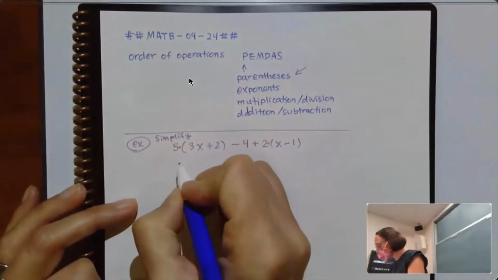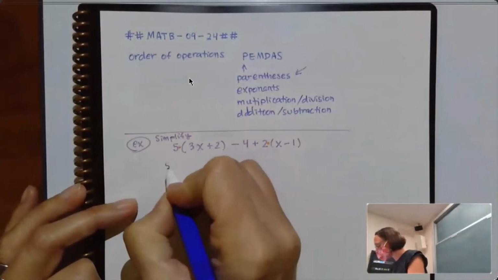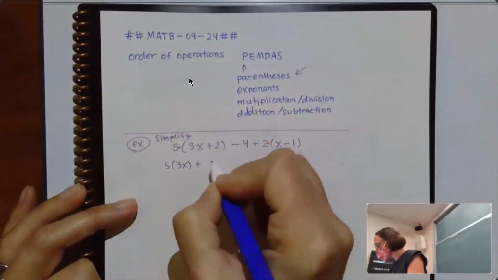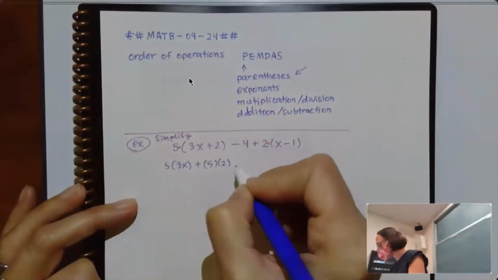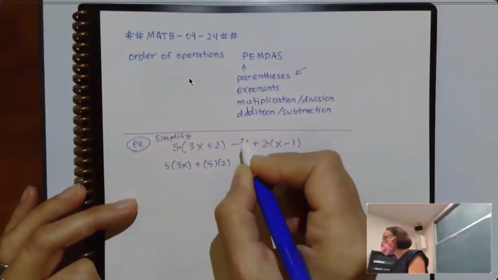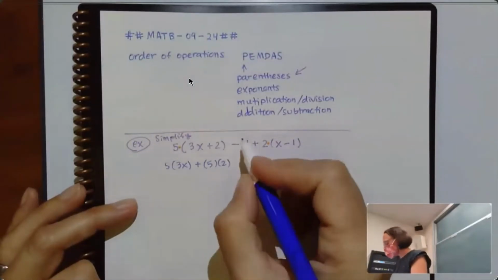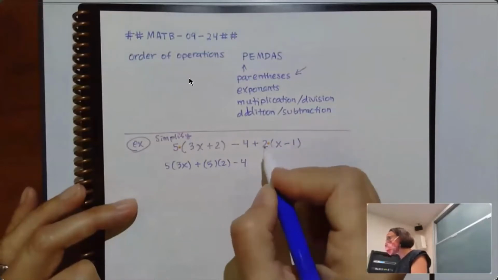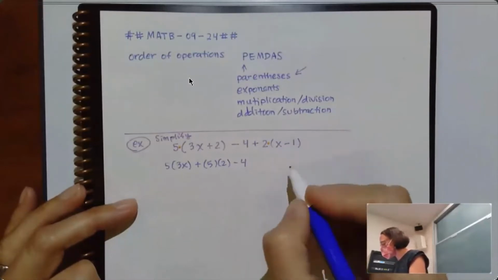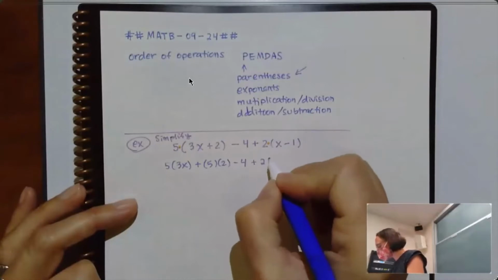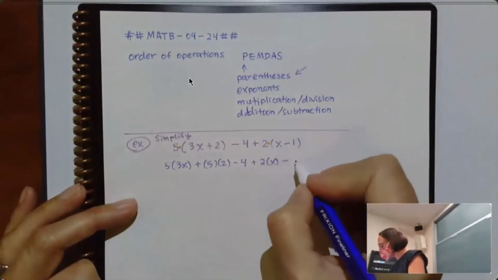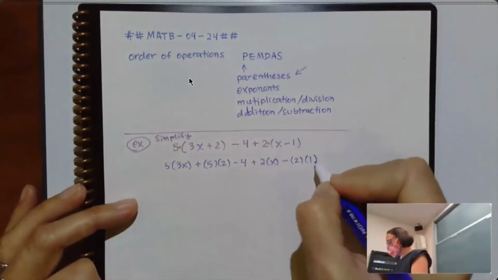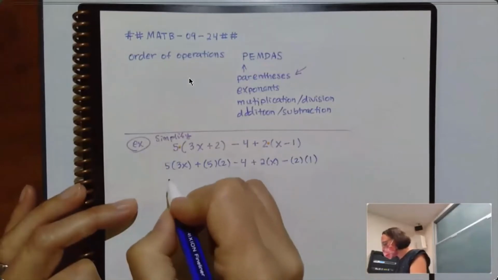So I'm looking at 5 times 3x plus 5 times 2. This minus 4 is hanging out by itself at the moment, but that 4 has multiplication into the x minus 1. Now I can simplify stuff further.